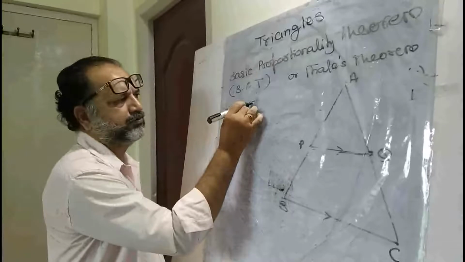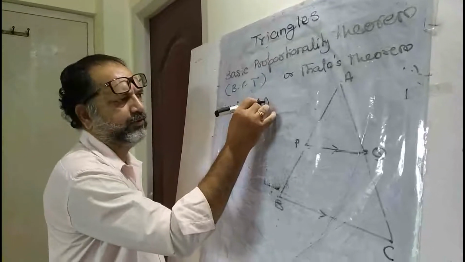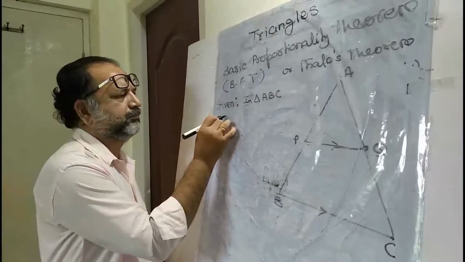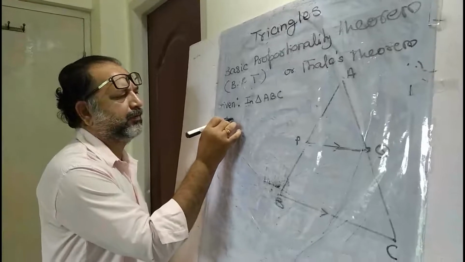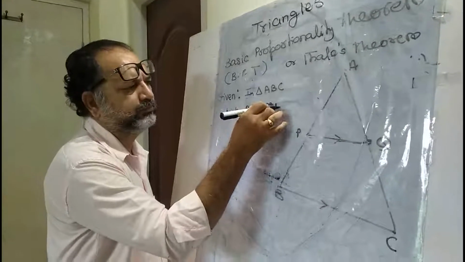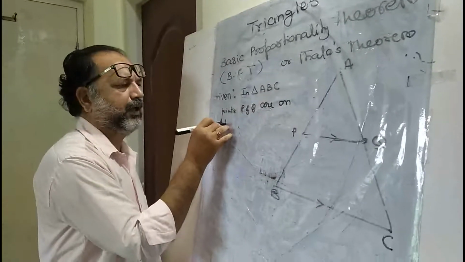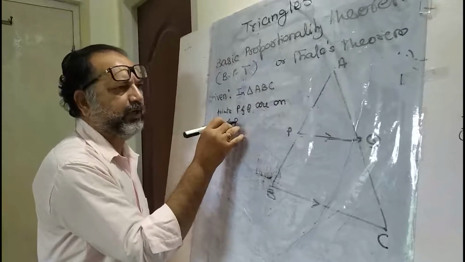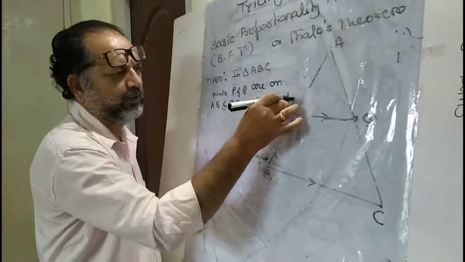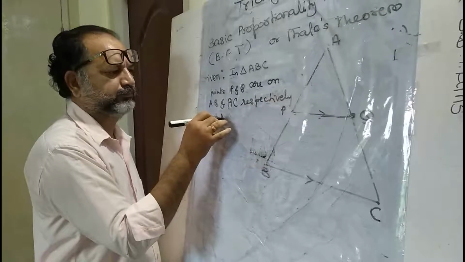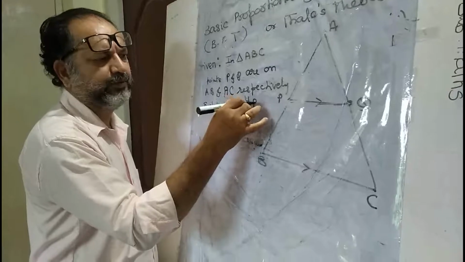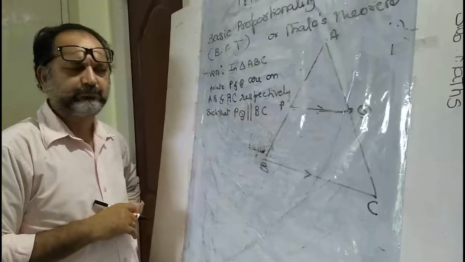Given in triangle ABC, points P and Q are on AB and AC respectively, such that PQ is parallel to BC. This is the main thing.